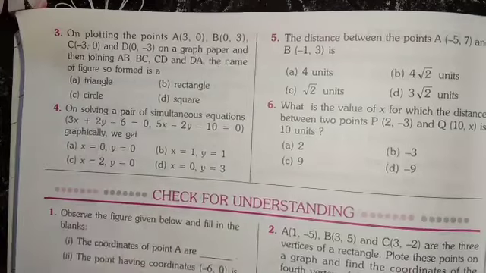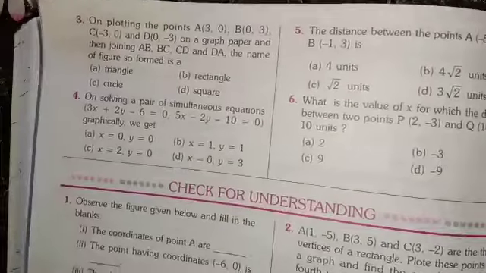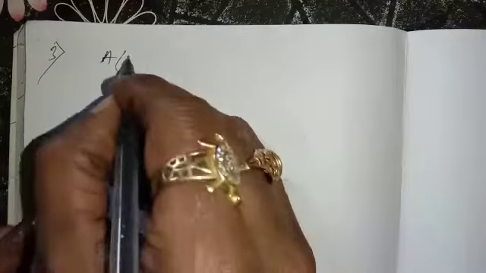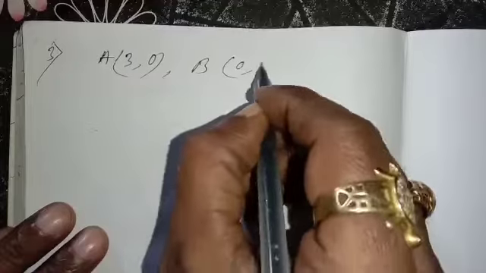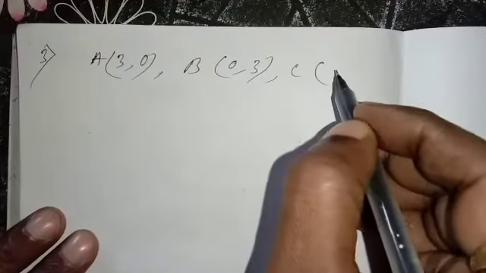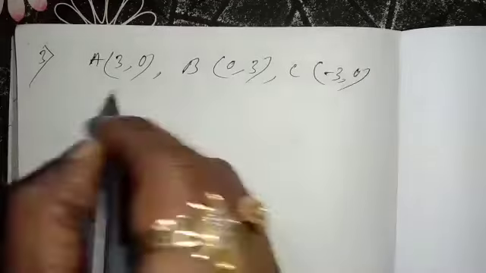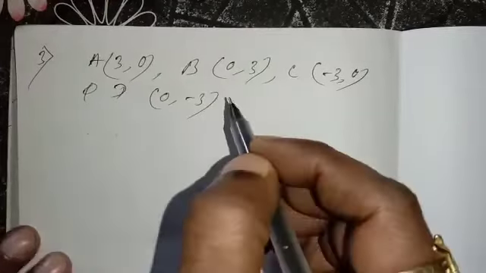So first of all, four points A, B, C, D are given. I write A as (3, 0), B as (0, 3), C as (minus 3, 0) and D as (0, minus 3).